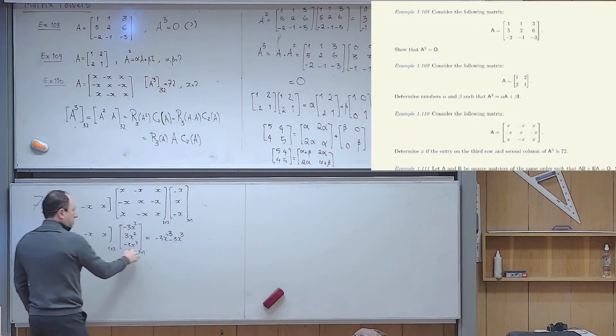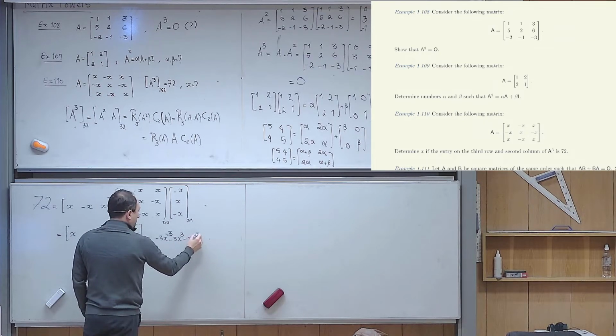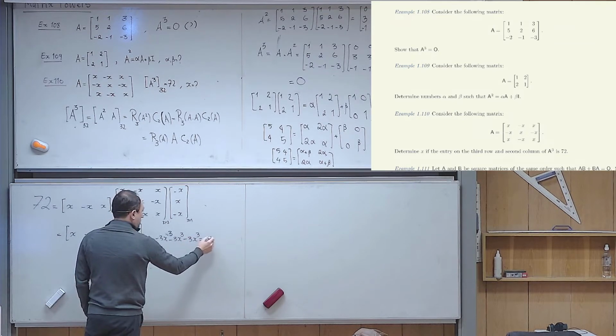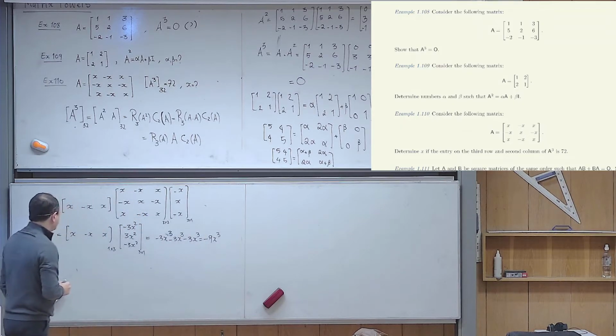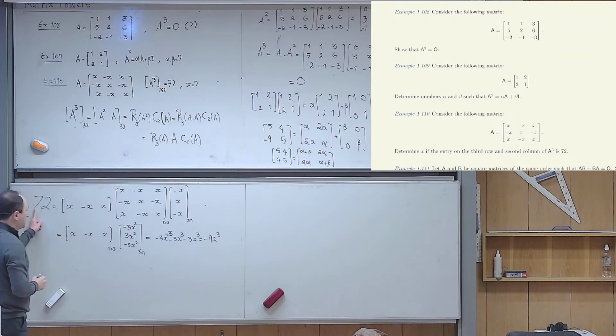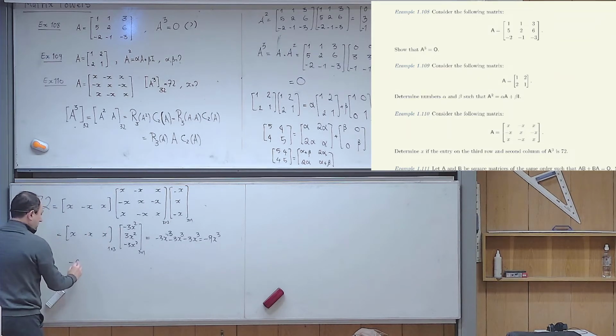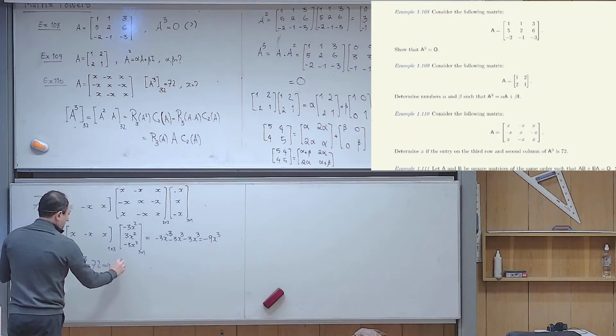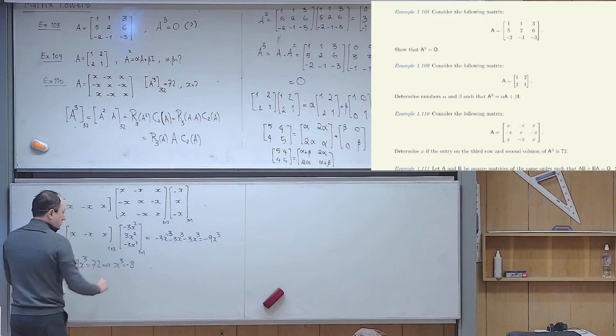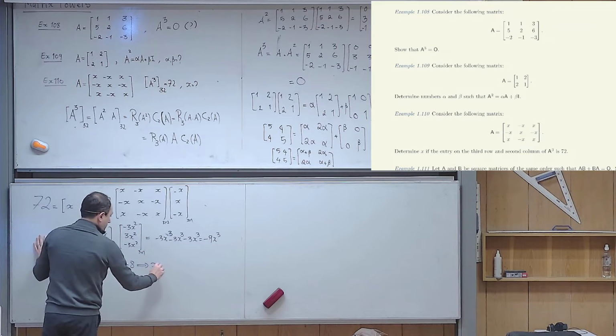This multiplied there is minus 3x cubed. So it is minus 3 times 3x cubed, so minus 9x cubed. So 72 is equal to minus 9x cubed. This means that x cubed is minus 8. So this means that x is negative 2.